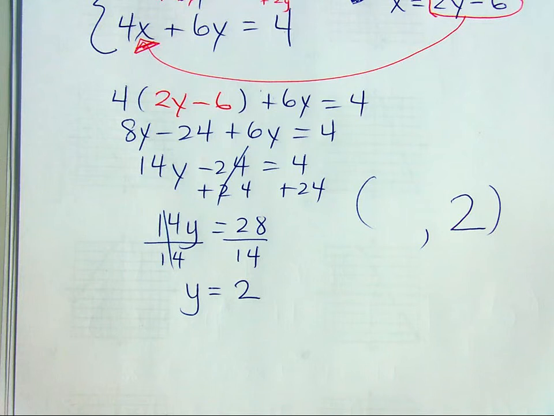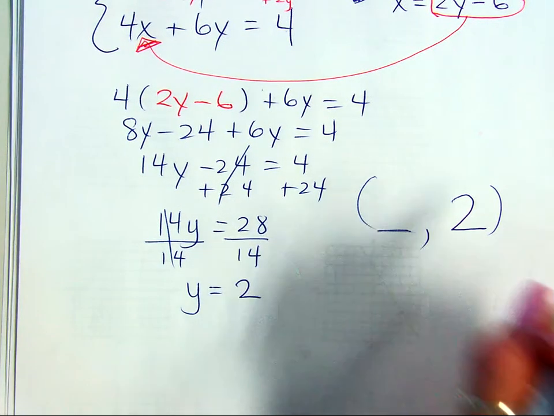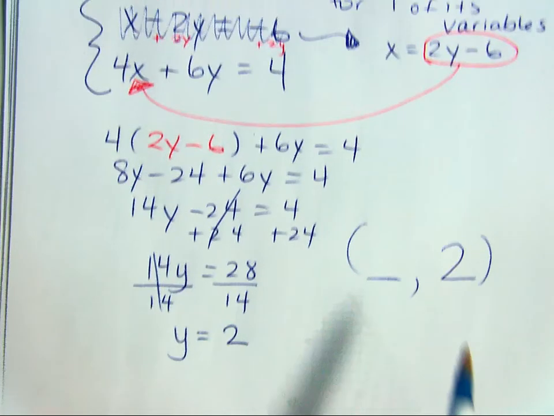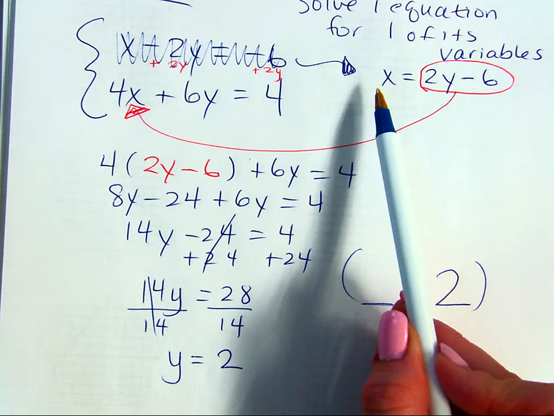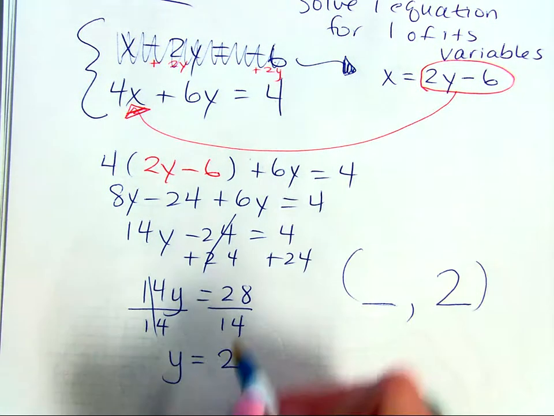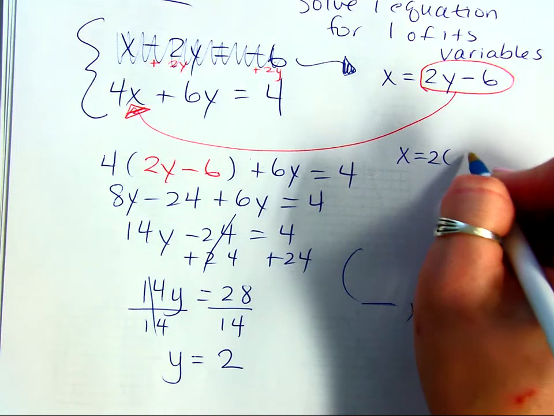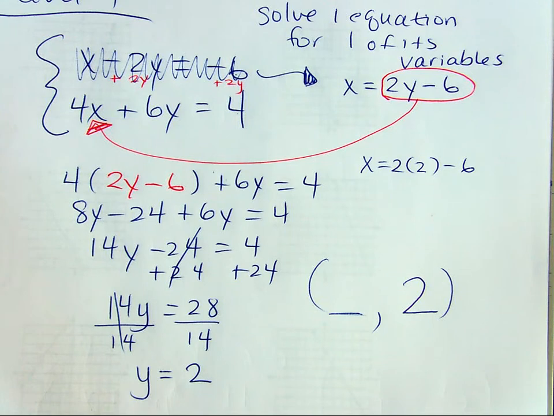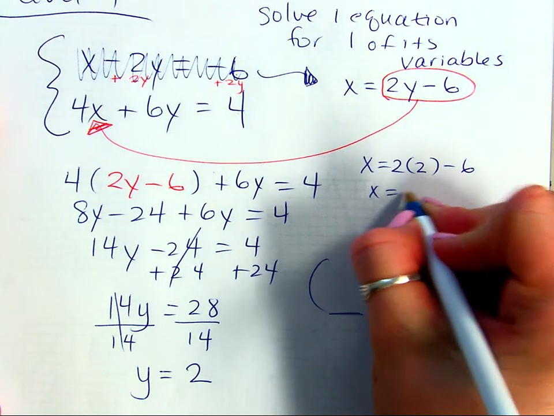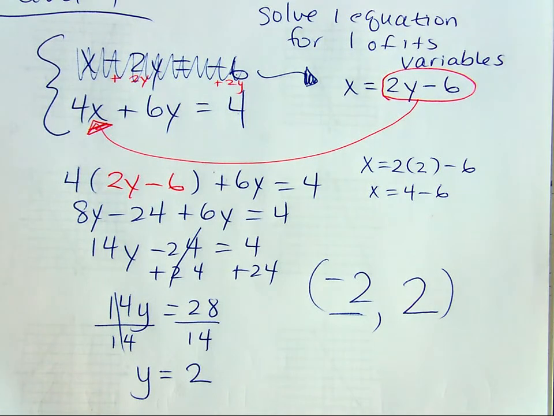I just need to find out what x is now. So this time I want to use the equation that is solved for x. So I'm going to take that y is 2, multiply it by the 2, and subtract 6. So x is going to be 4 minus 6, negative 2. Good? You stay with me on that one?